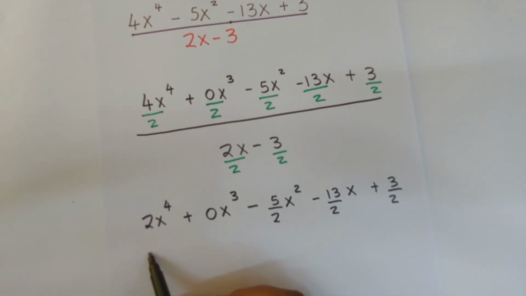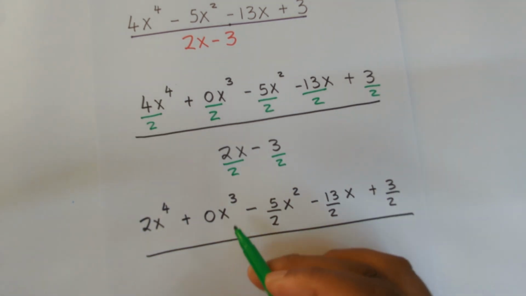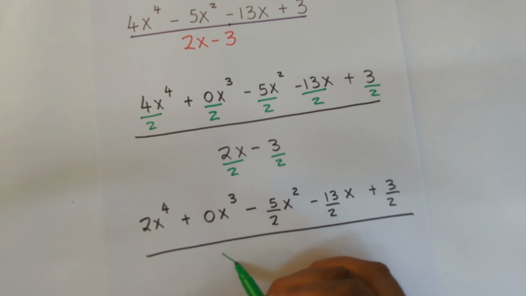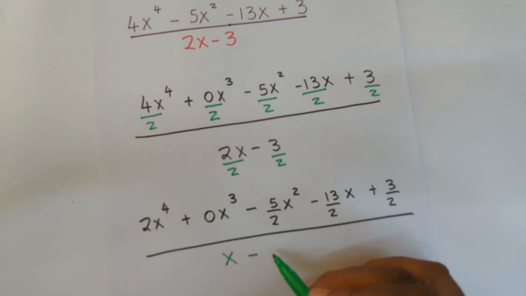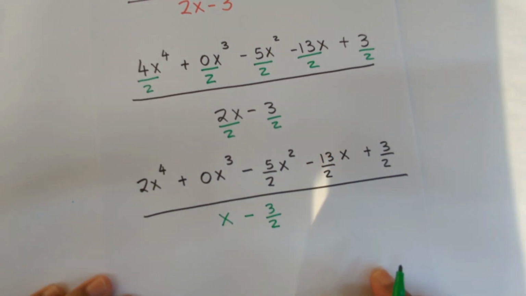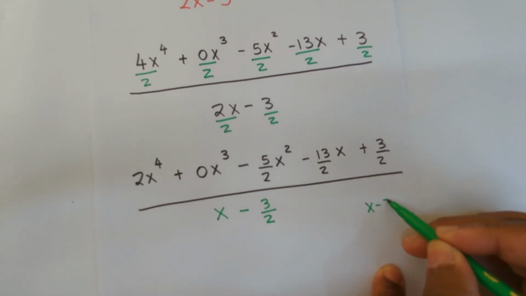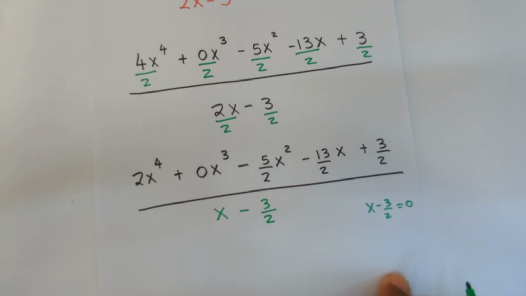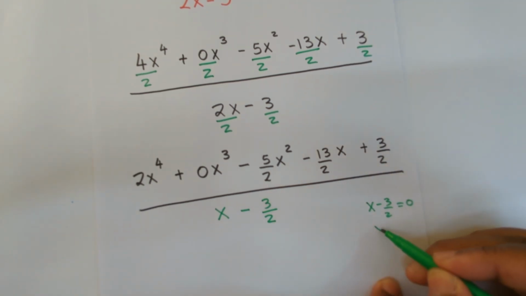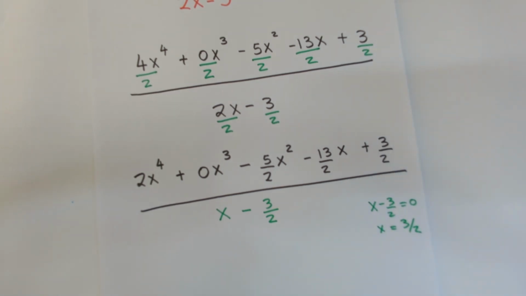And our denominator, our divisor, will change into 2 divided by 2, that's 1, so it will change into x minus 3 over 2. Now we need to take the divisor and equate it to 0 and solve for x. So if you take x minus 3 over 2 and set it equal to 0 and solve this, it will give you x is equal to 3 by 2.